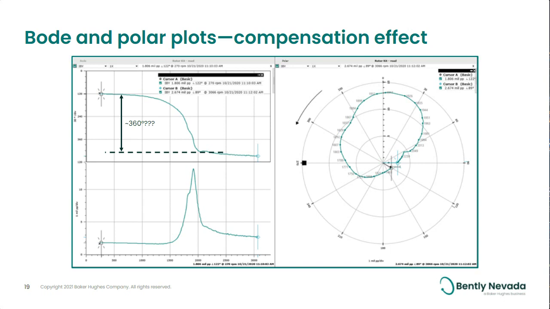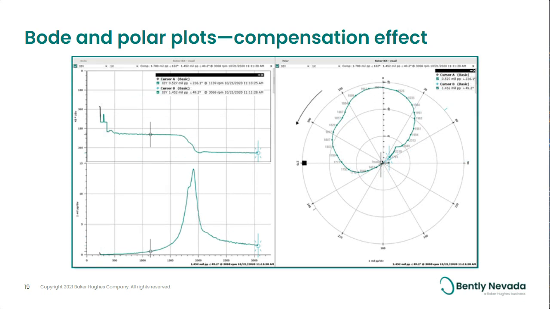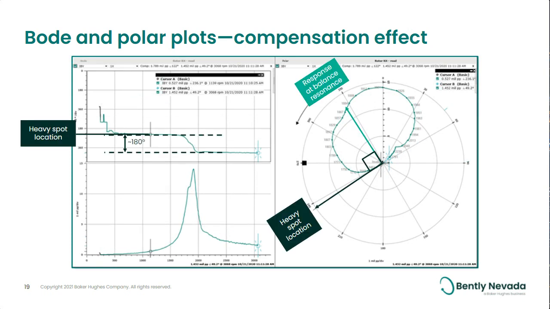So if we compensate that, now you see that you do have that 180-degree phase shift, and your peak is where it should be. On the polar plot, you start at 0, and the heavy spot is the high spot below the resonance, and the heavy spot is 180 degrees from the high spot after you get through the resonance.